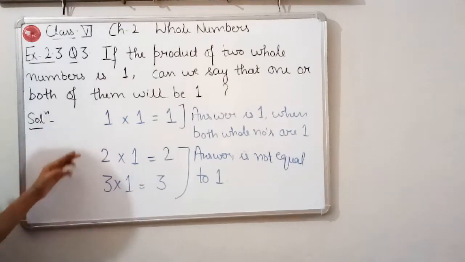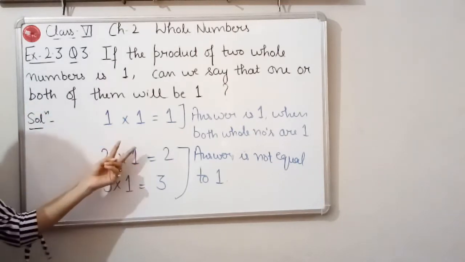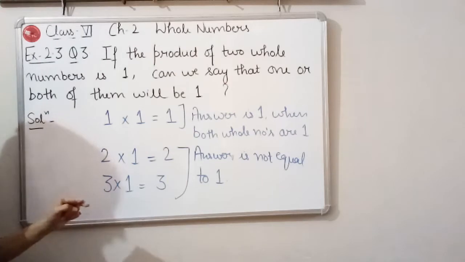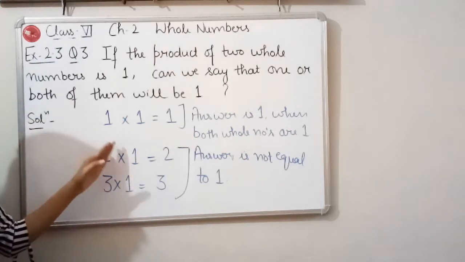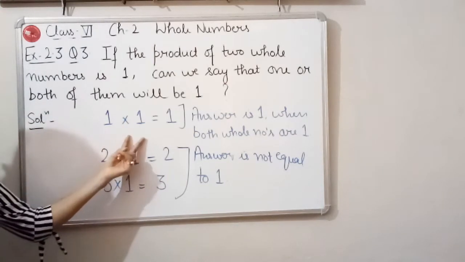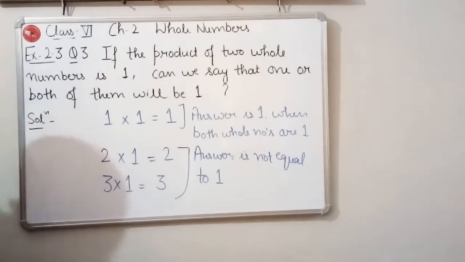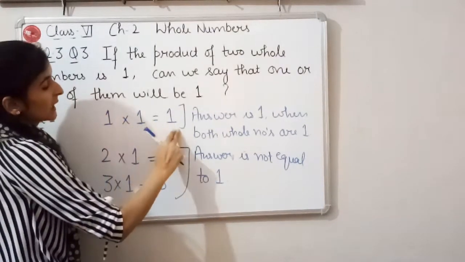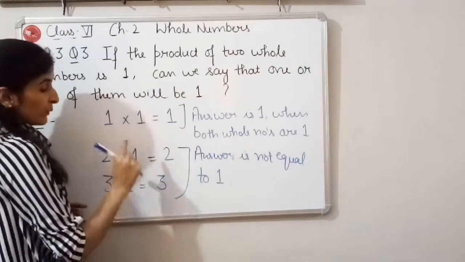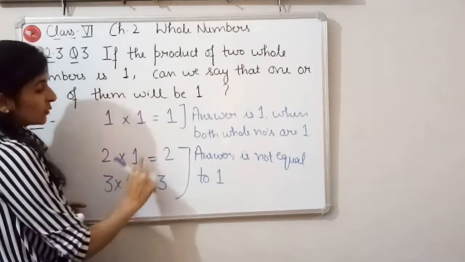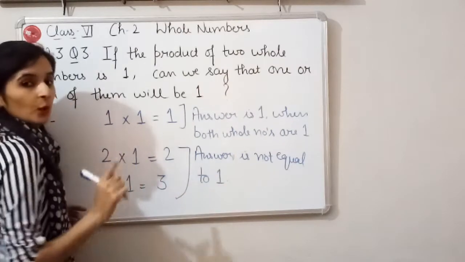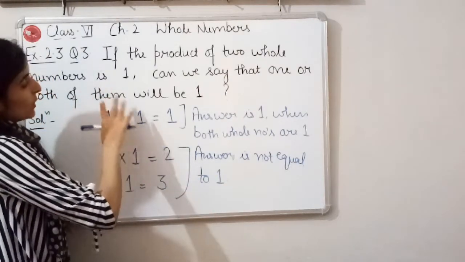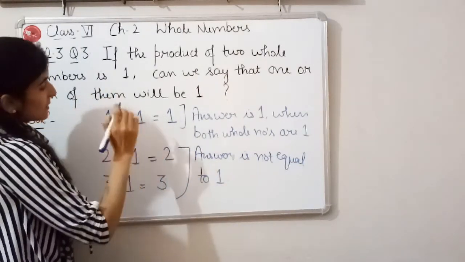So it means the product of two whole numbers being equal to 1 is possible only when both the whole numbers are equal to 1. When both the whole numbers are equal to 1, then only you will get the answer 1. If one whole number is 1, then you will not get the answer 1. So, this is false.